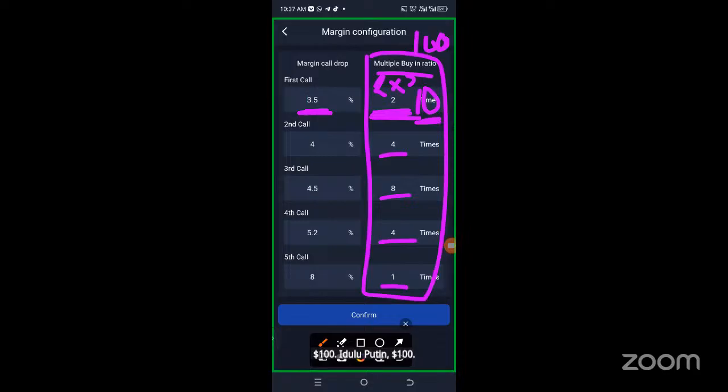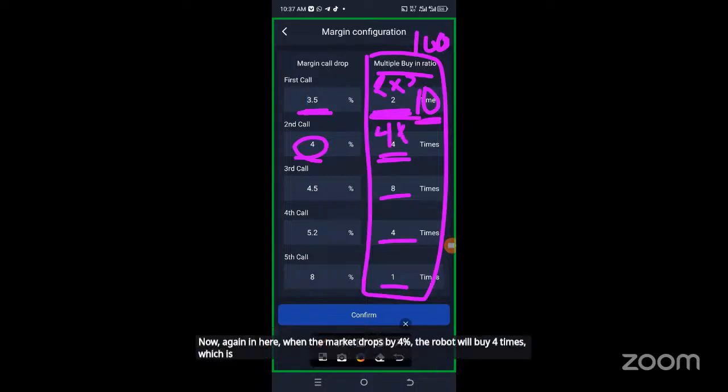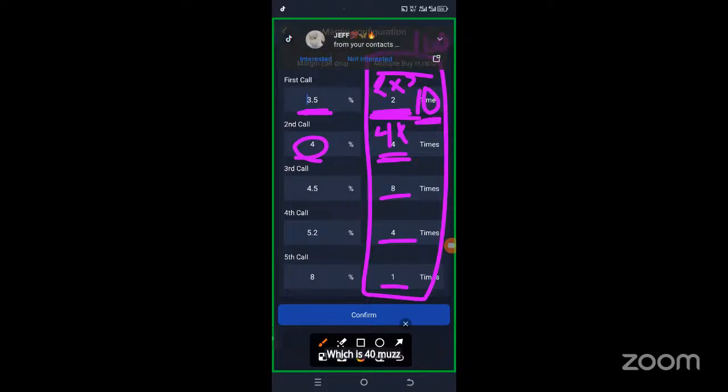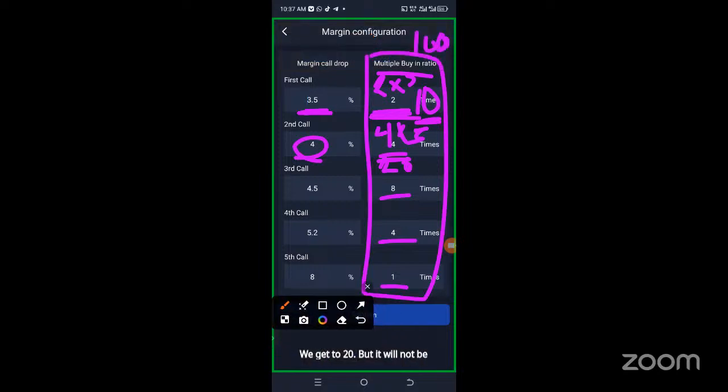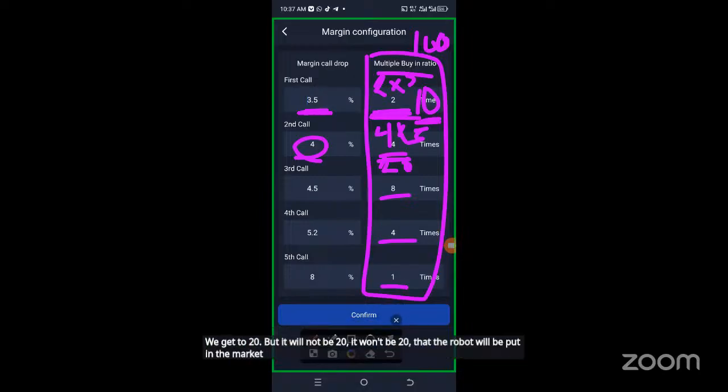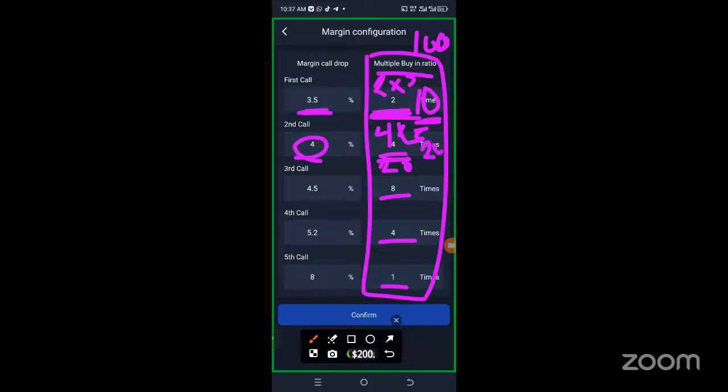Now, again here, when the market drops by 4%, the robot will buy 4 times, which is 4 times 5. And here we get 20. But it won't be 20 that the robot will put in the market. It is going to be $200 because it is affected by average.